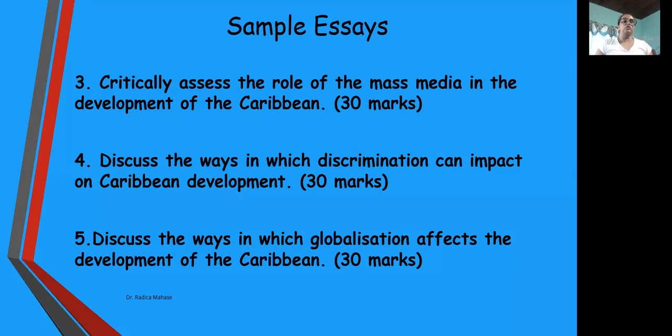Critically assess the role of the mass media in the development of the Caribbean. Discuss the ways in which discrimination can impact on Caribbean development. Discuss the ways in which globalization affects the development of the Caribbean. All of those are 30 marks.